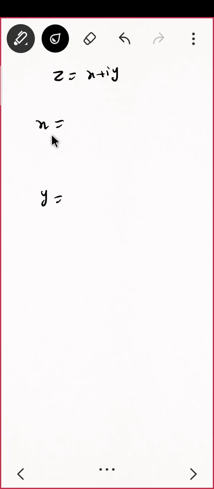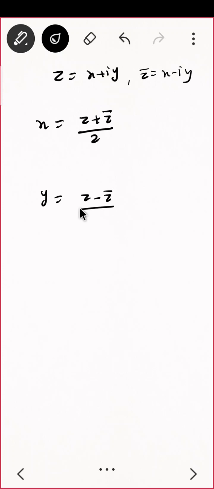Or if I give you some more hint, I want to write x in terms of z and z bar. Z is this, what is z bar? It is x minus iy. So what will be my x? What will the real part be? Perfect. And what about this? Do you agree? Agreed.